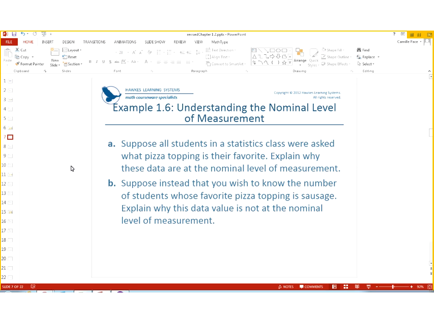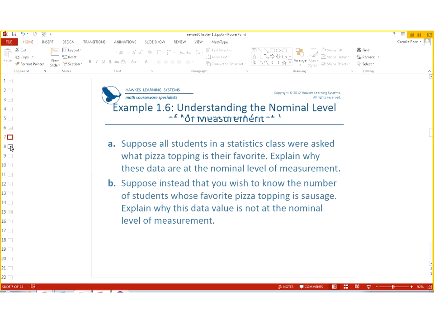So we know that's nominal because pizza toppings can be pepperoni, sausage, banana peppers, but you can't do any kind of math with those, and there's no numbers in them. So those are nominal. B is suppose instead that you wish to know the number of students whose favorite pizza topping is sausage. So why is that not nominal? Because you're getting a number for the student, not the names.